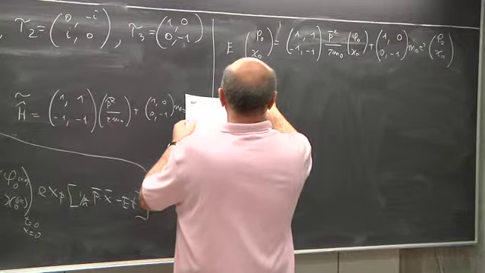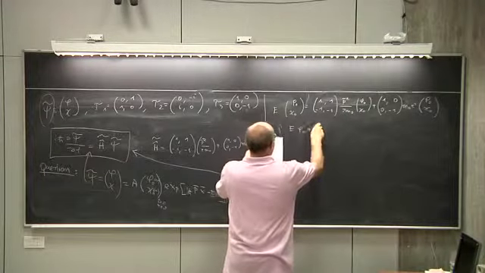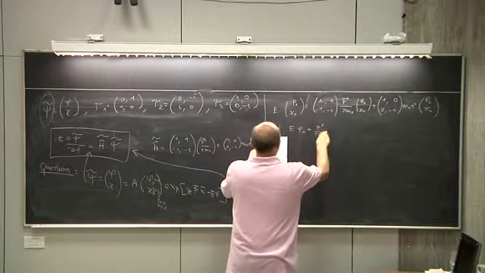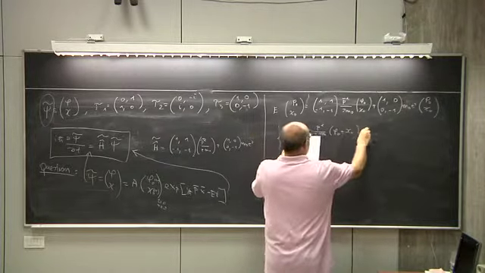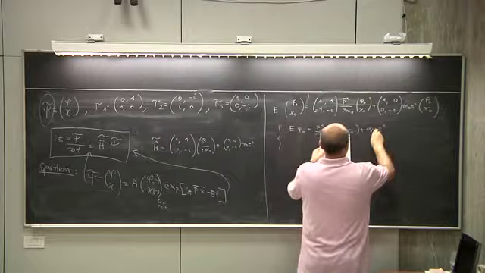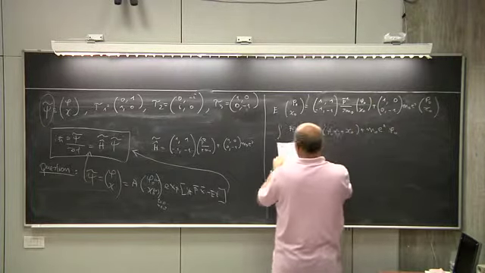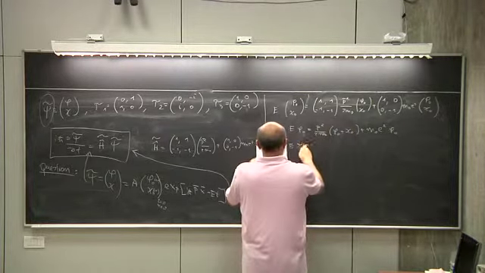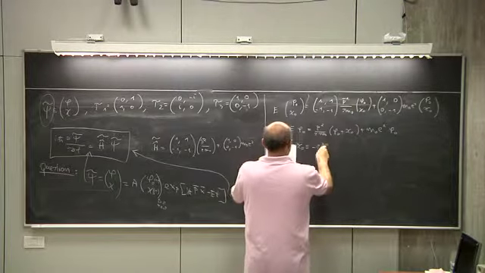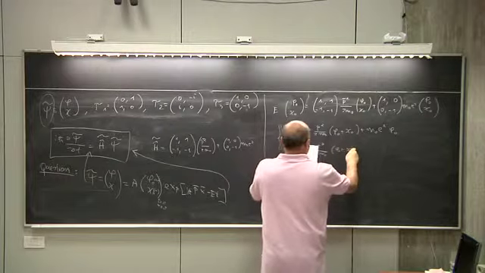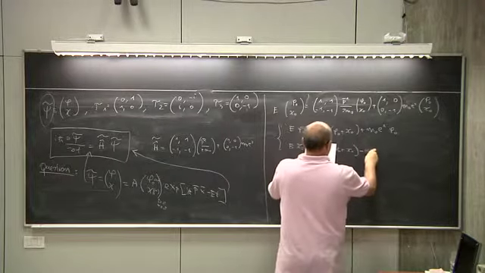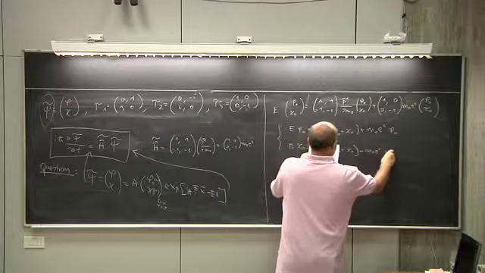You get E phi 0 equal p square over 2m0 phi 0 plus chi 0 plus m0 c square phi 0, and E chi 0 equal minus p square over 2m0 phi 0 plus chi 0 minus m0 c square chi 0.